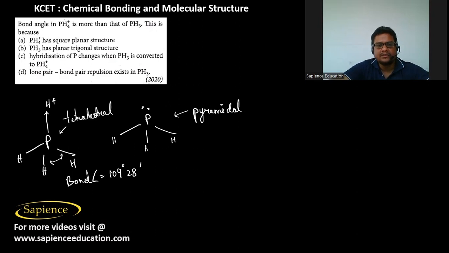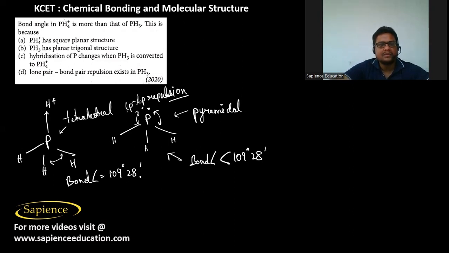But here in PH3, since a lone pair is present, we will have lone pair-bond pair repulsion, which will result in a decrease of the bond angle. So here the bond angle will be less than 109 degrees 28 minutes.